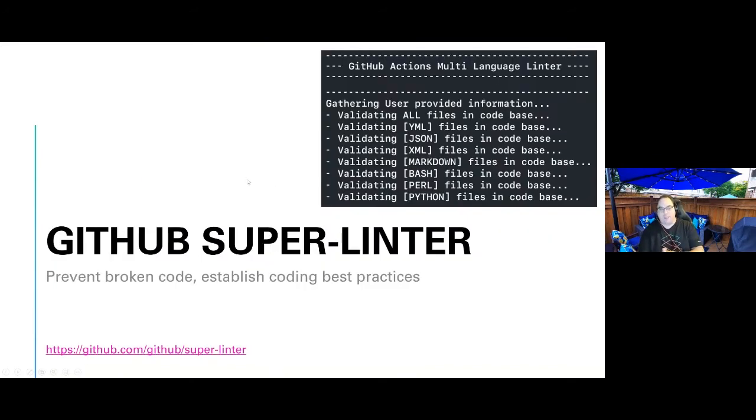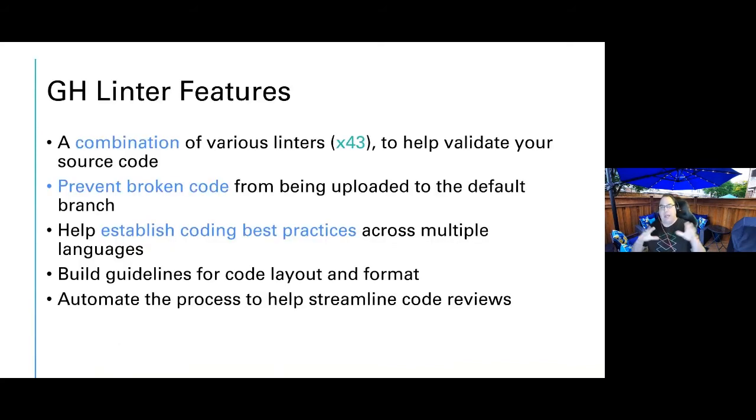The GitHub Super Linter. Now, if I just quickly go to the next slide, this is actually an interesting tool because it's a one-to-many. There's a multitude of linters inside this kind of linting tool. At last count, as it ever changes, there were 43 different linters inside the GitHub Super Linter, and it helps to validate our code, right?